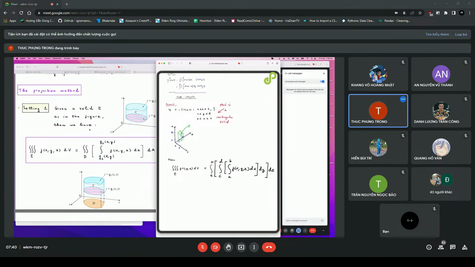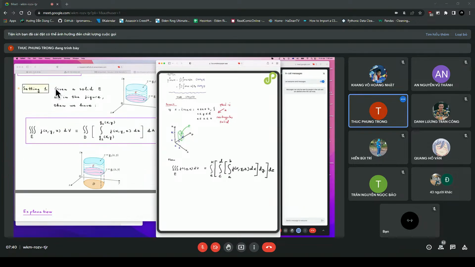Let's apply the projection method, setting 1.